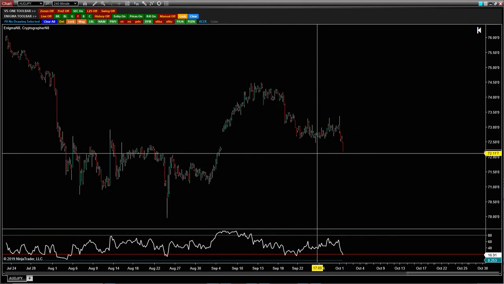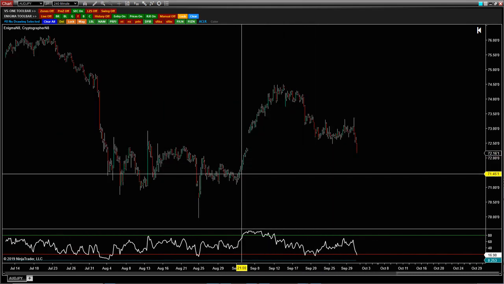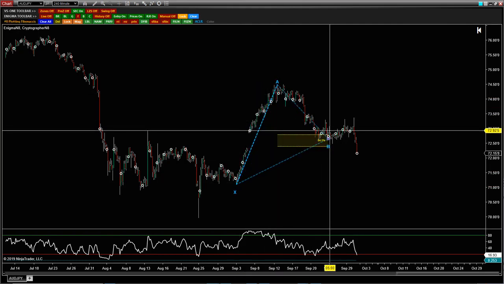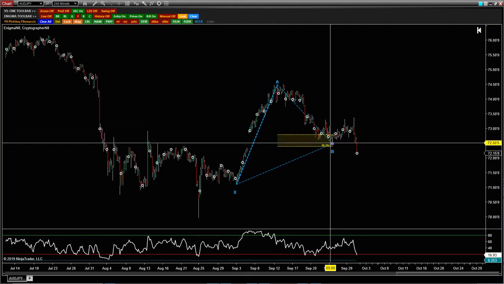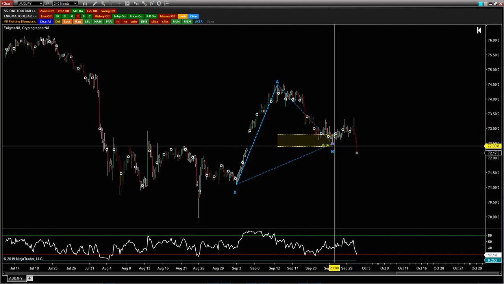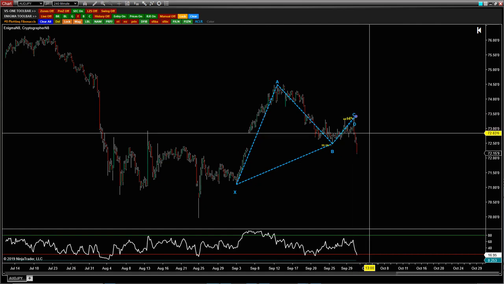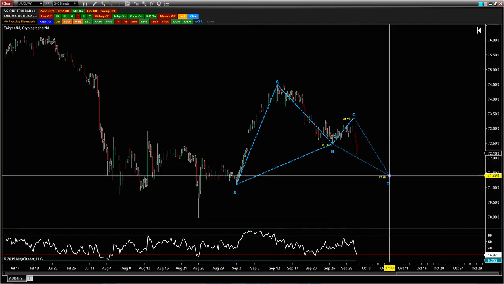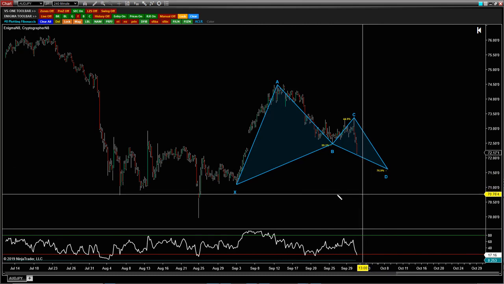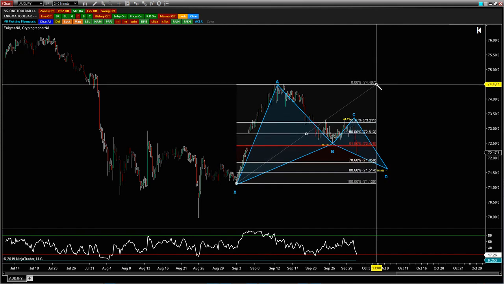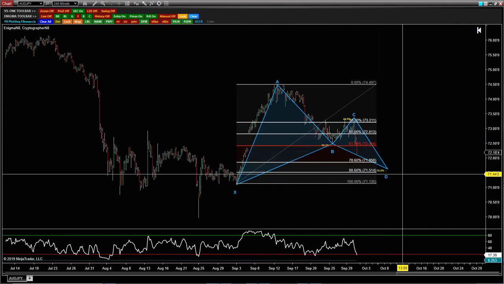I'm guessing you're looking at the small one: X to A to B, B to C, and a potential CD completion down here. We've got to find that 886. I must have clicked the wrong mark there, but worry about that later. Right at 71.51. So Aussie yen, bull bat, 71.51.